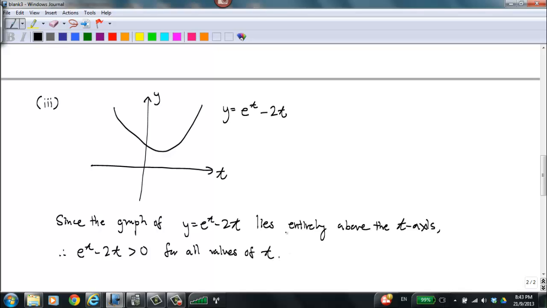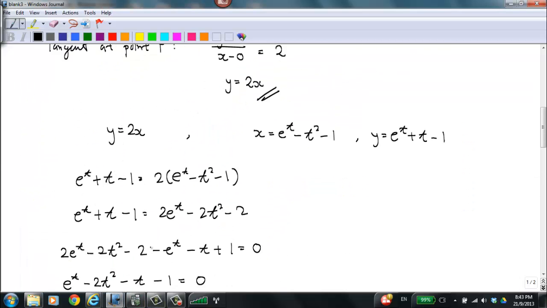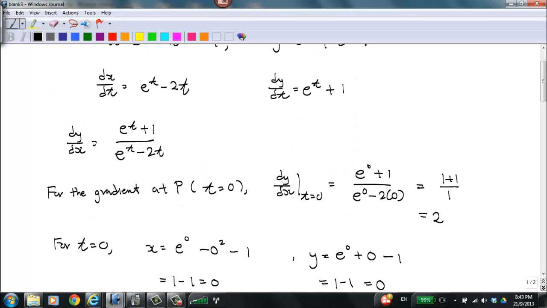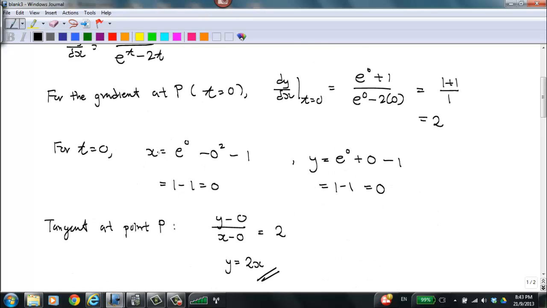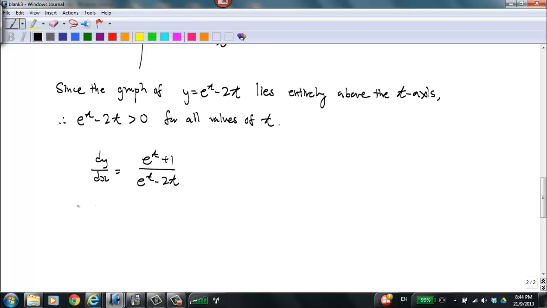Then the question asks us to deduce whether C is strictly increasing or strictly decreasing. So what we need to do is to find out our dy/dx from part 1, which is here, (e^t plus 1) over (e^t minus 2t). So first thing, e^t plus 1 is definitely positive because we know that the graph of e^t is more than 0, so plus 1 is already positive.